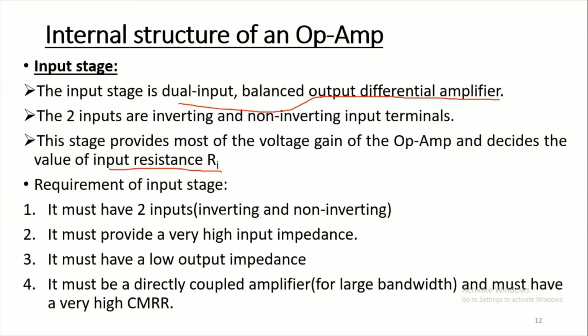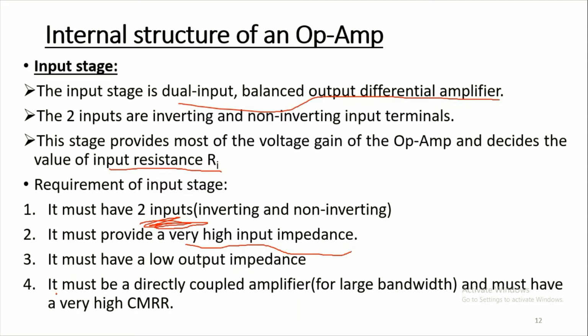The requirements of the input stage. It must have two inputs. This is the first requirement for the input stage. Compulsorily it has two inputs. It must provide very high input impedance. Third, it must have a low output impedance.